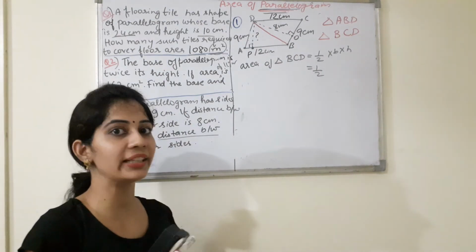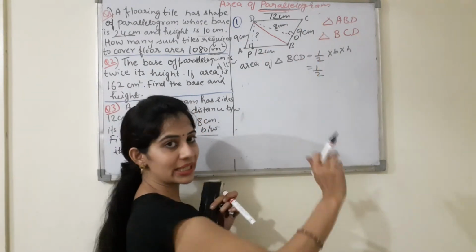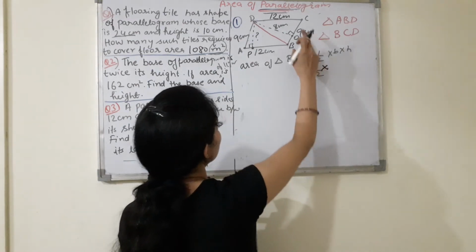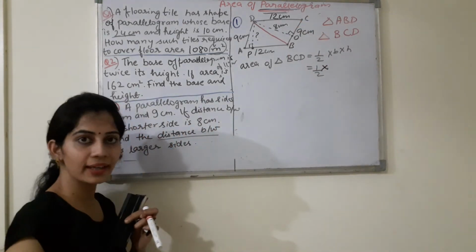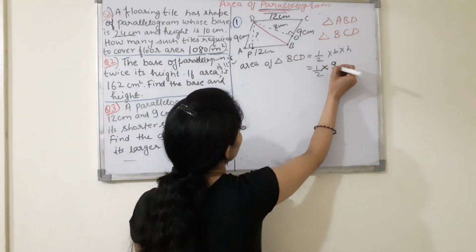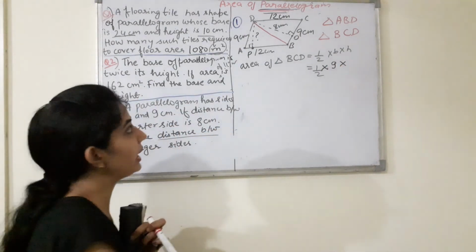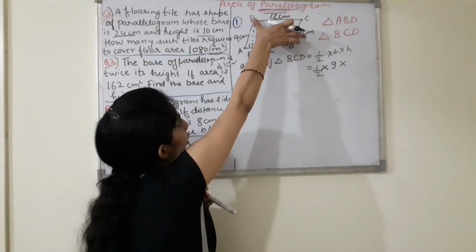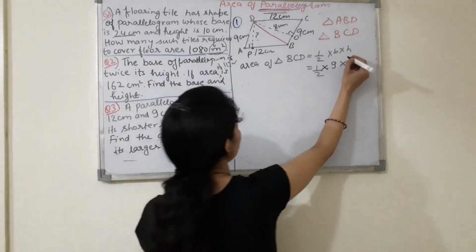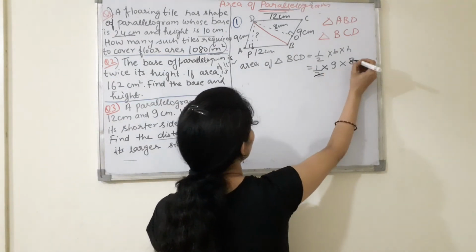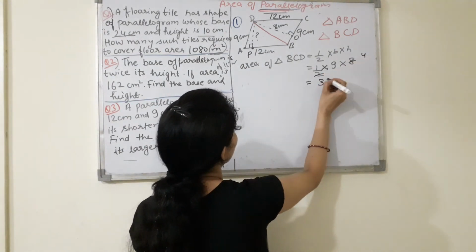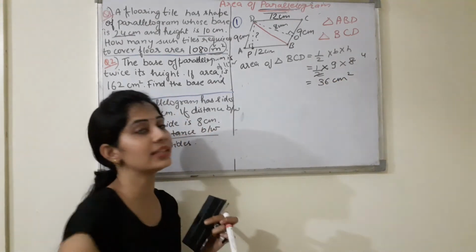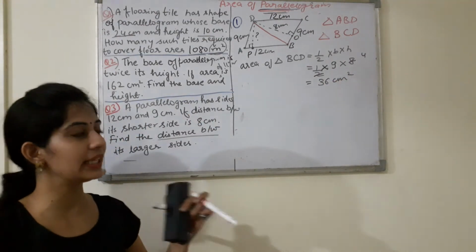The side on which it is drawn will be your base. So base is BC, right? So it means BC is what? How much is BC given? 9 centimeter. So you can simply write 9 centimeter. Now what is height? DO. That is also given 8 centimeter. So now you can solve this. So this is 36 centimeter square, the area of triangle BCD.